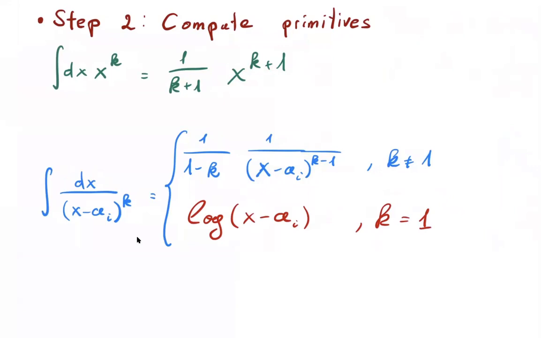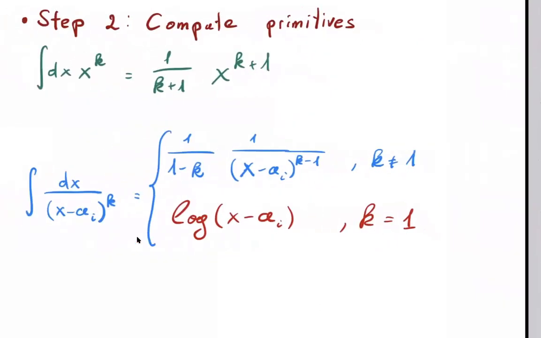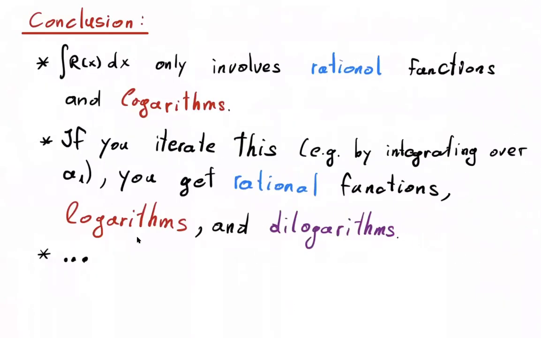So the conclusion is that if you start from a rational function and you compute its primitive, the integral over it, the result will only involve rational functions and logarithms. Proof is just the exercise we made, the partial fraction and the integral.